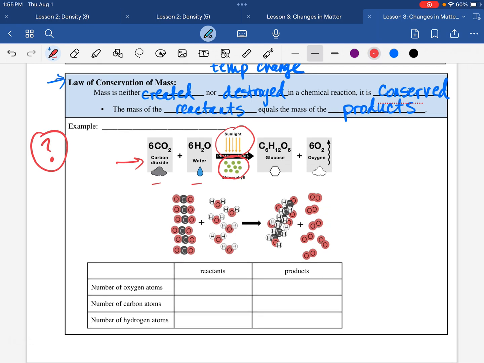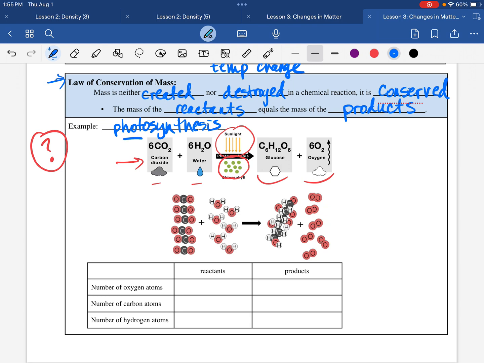And then the products, the things that come out on the other side, are glucose and oxygen. Okay, answer that question. All right, coming back. If you said photosynthesis, you were right.